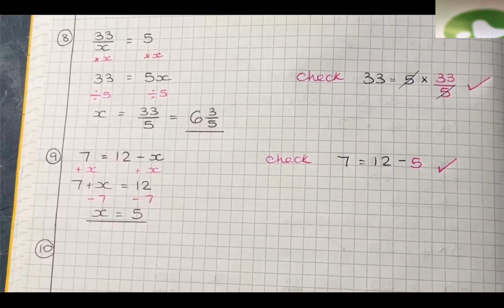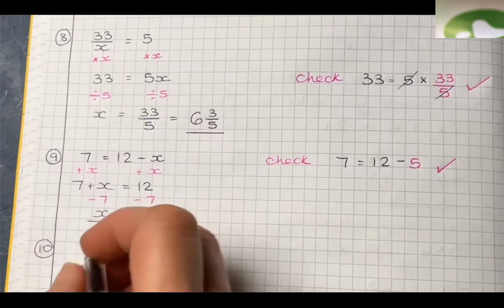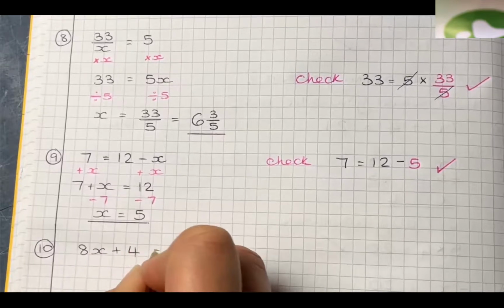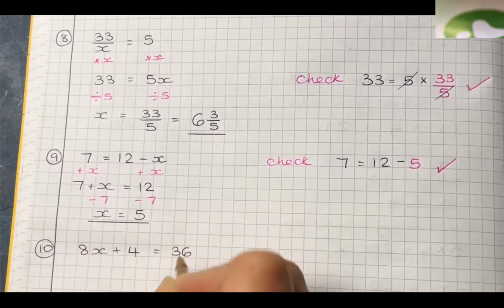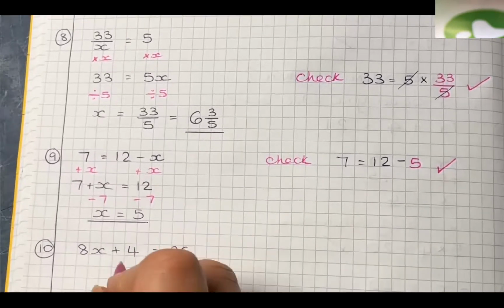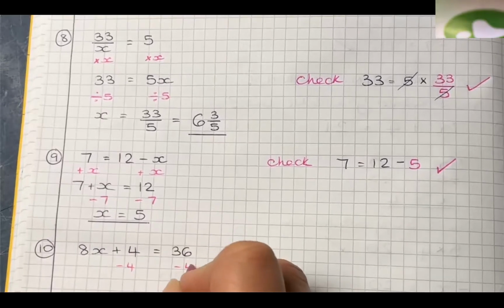Question 10. So let's say I had 8x plus 4 equals 36. I want to collect all my numbers together, so I'm going to subtract 4 from both sides.